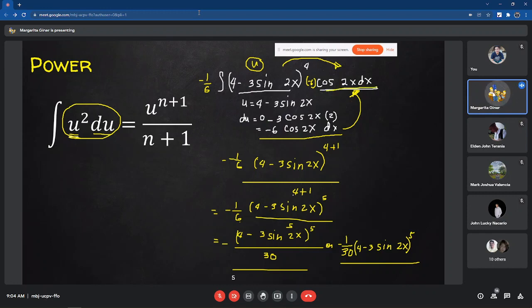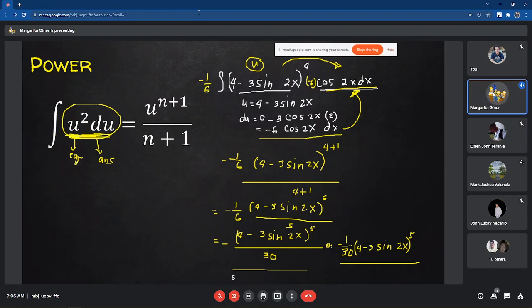Kaya amo na siyang target naton, dapat mapareho ang du niya diri. Kung ano ang gin-solve mo, kung ano ang value sang u, dapat ang derivative niya nga answer is ara diri. Kumbaga, sa equation mo, let's say, ang u ni, this is your equation, and then this is your answer. Dapat makita mo ang answer mo within your equation itself.